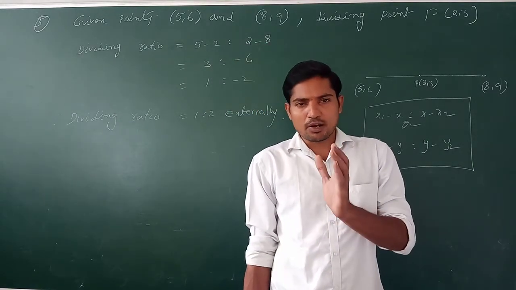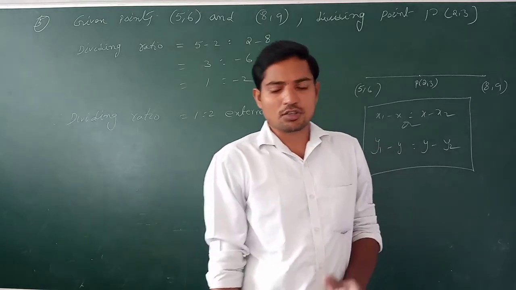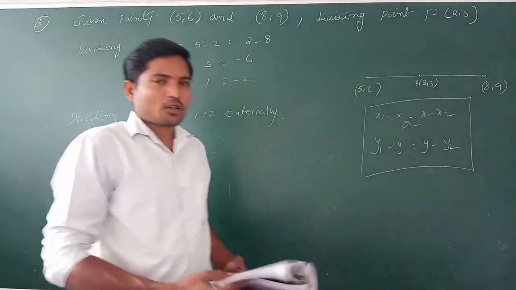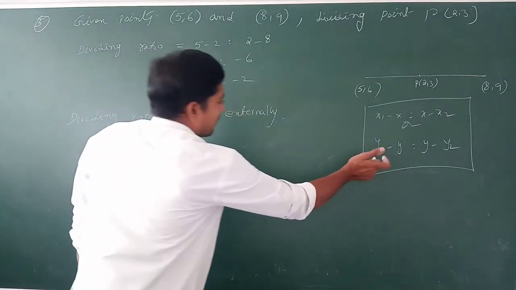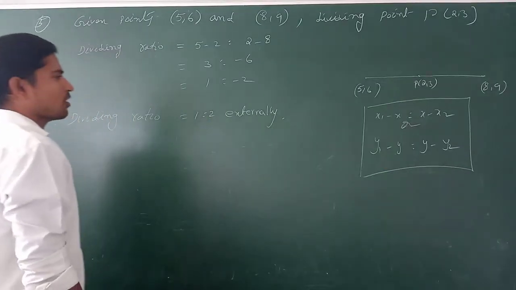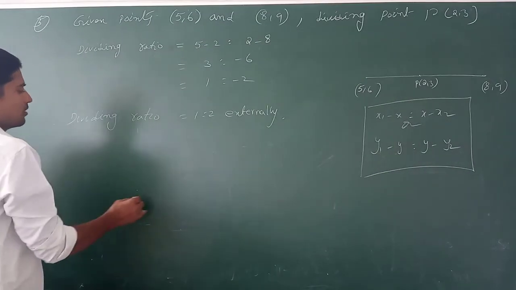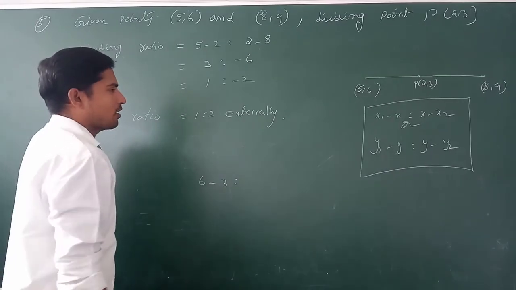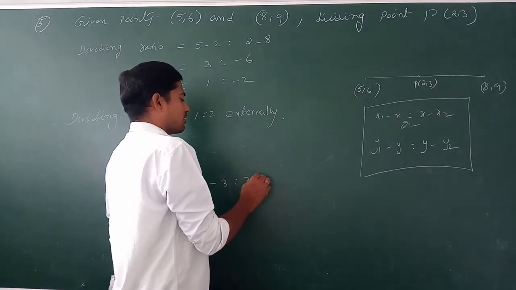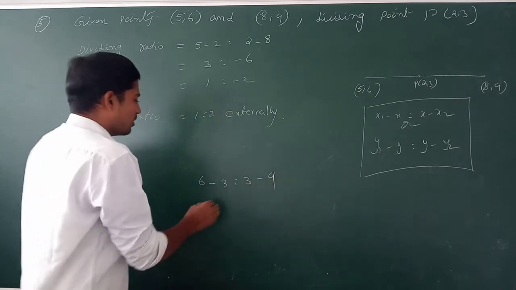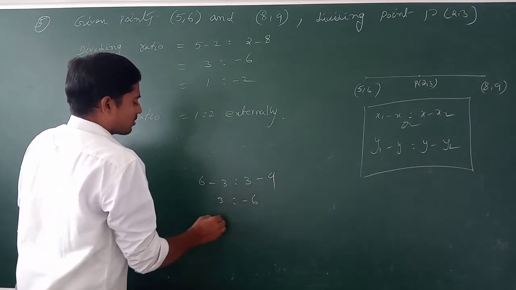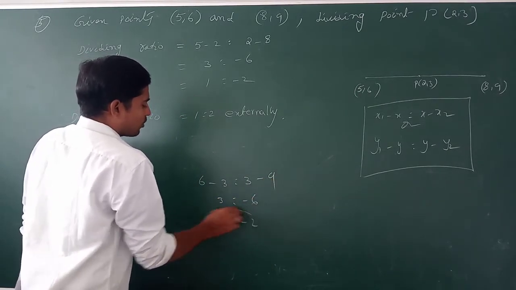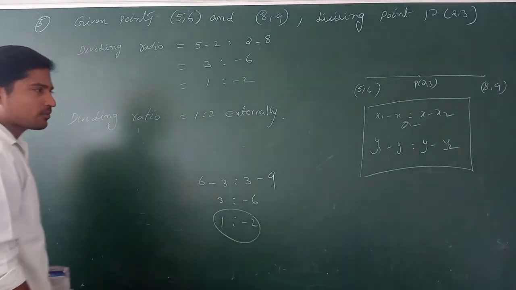When you get plus, it divides internally. If you have doubt, verify with the second formula also. What is y1 here? 6 minus 3 is to 3 minus 9. So 3 is to minus 6, 1 is to minus 2. In both cases we got the same answer, right?